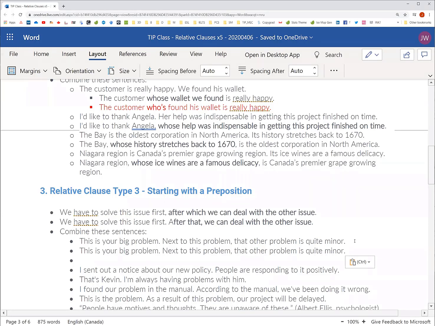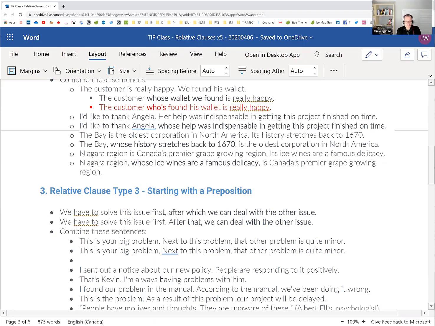This is your big problem. Other. Besides to this problem, the other problem is quite minor.